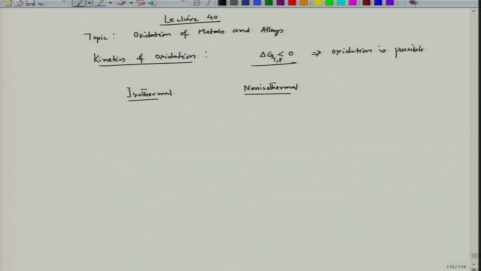Isothermal, as the name suggests, means temperature is fixed, but in non-isothermal, temperature varies at a fixed rate, that means dT/dt is fixed. We will not talk about non-isothermal because the treatment for non-isothermal is a bit complex, but the isothermal treatment is fairly easy.